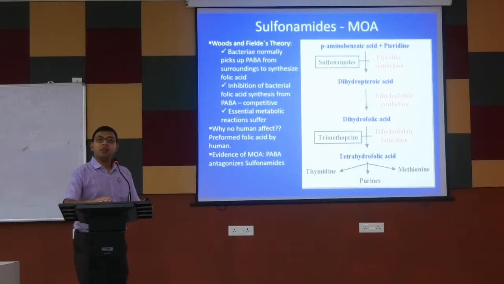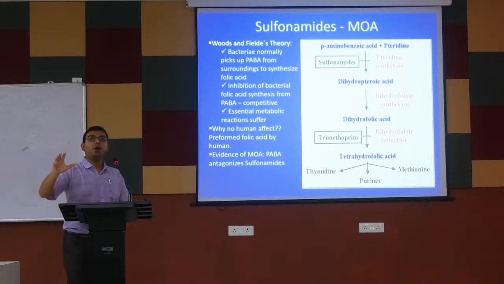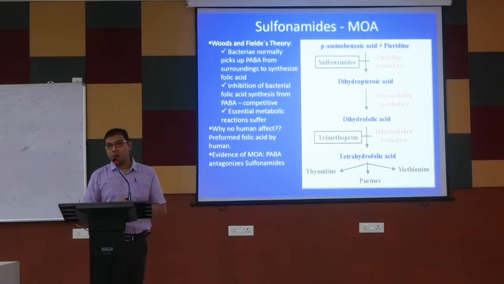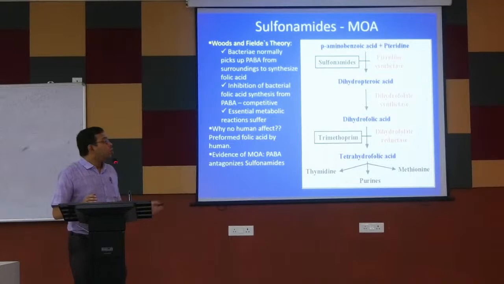That is, our infection is occurring, we are giving sulfonamides, and again, if we are supplying para-amino benzoic acid from outside, it can supersede the action of the sulfonamides. That is, the action of the sulfonamide is competitive in this pathway, the formation of dihydropteroic acid and lastly tetrahydrofolic acid from para-amino benzoic acid and pteridine. And its structure resembles this para-amino benzoic acid, PABA.